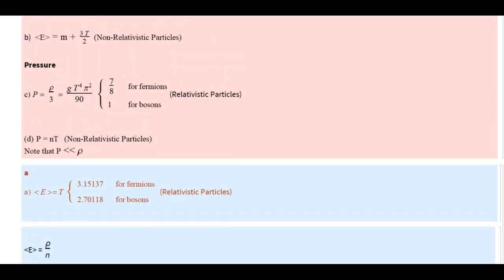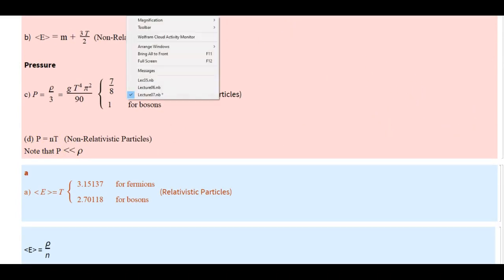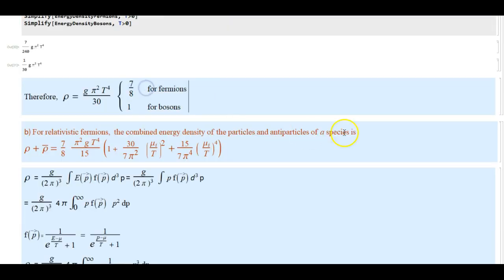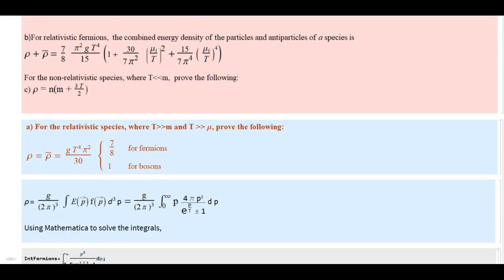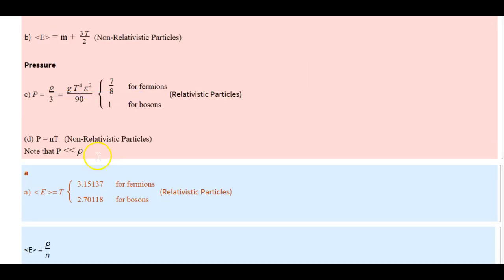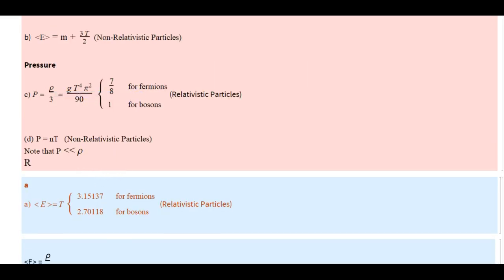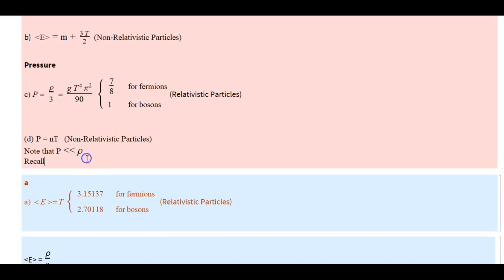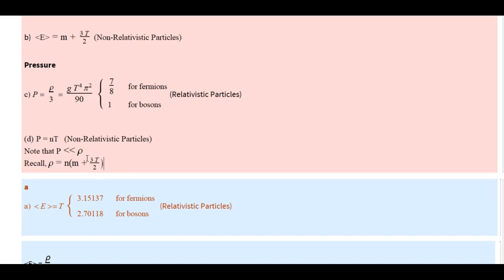In the non-relativistic regime, pressure is equal to nT. And what do we have for rho in the non-relativistic regime? Recall that rho is equal to this.